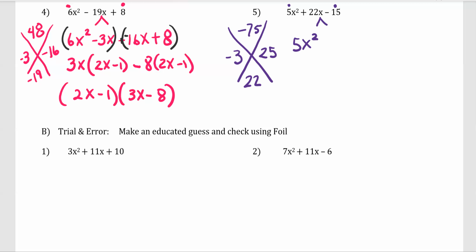So in this case, I would definitely write negative 3x plus 25x. Factor by grouping. Take out the greatest common factor.